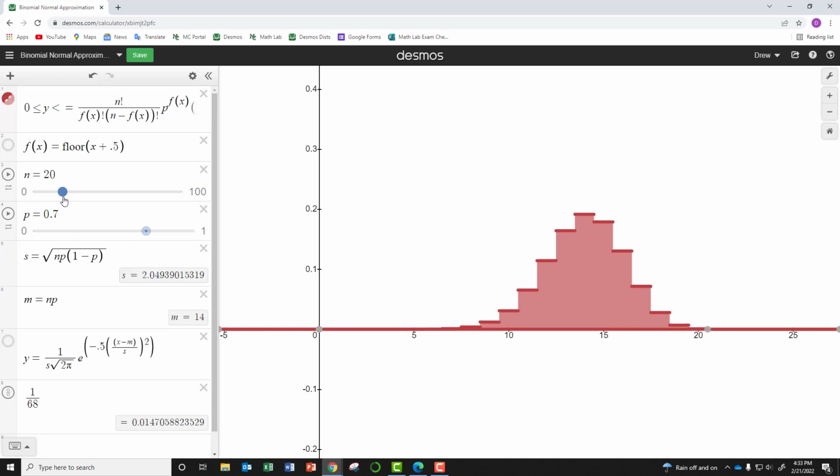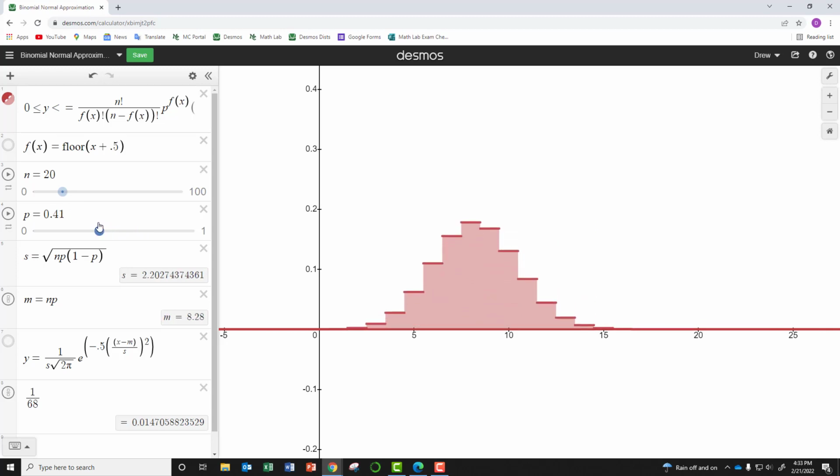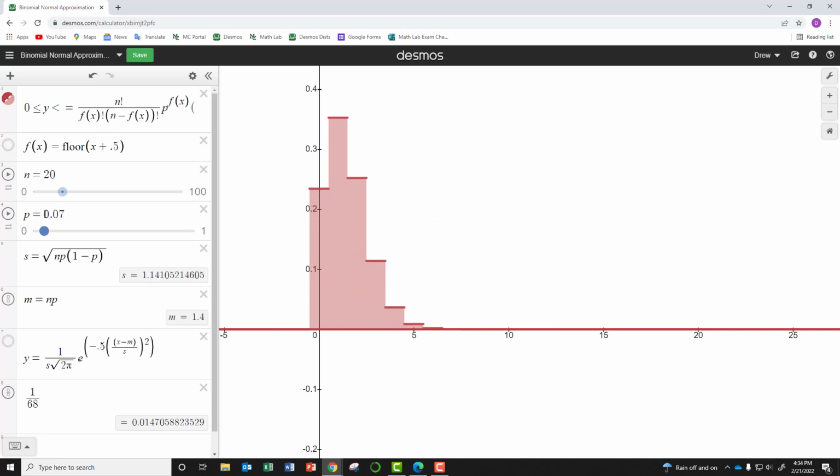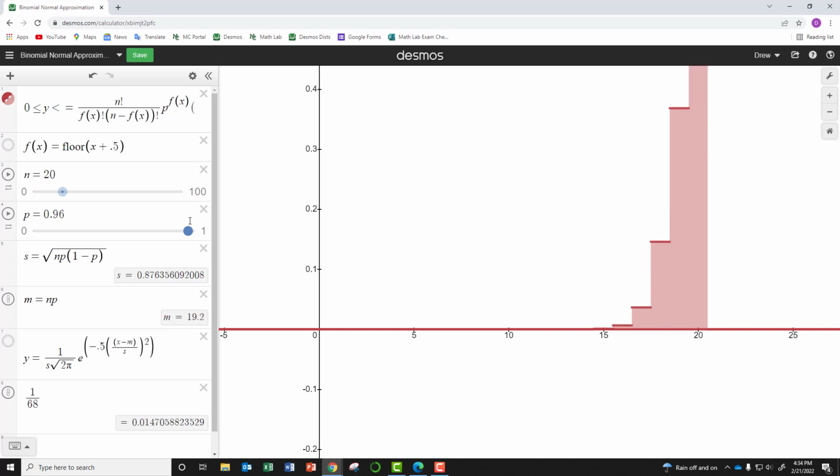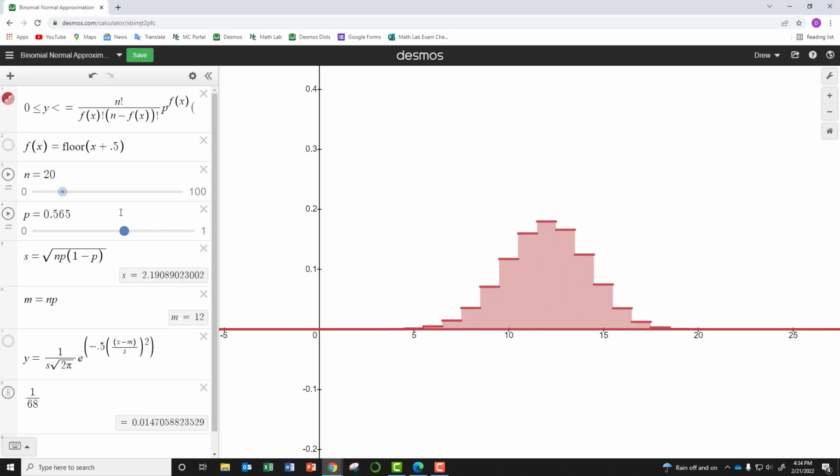If I change p, the probability of success of one of the Bernoulli trials, and decrease the probability of success, you can see that it becomes more likely that we'll have a lower value for our binomial random variable. If I make the Bernoulli trials more likely to be successful, you'll see that makes the probabilities for the larger end of the binomial random variable to be the most likely outcomes. So anyways, neat little binomial distribution.